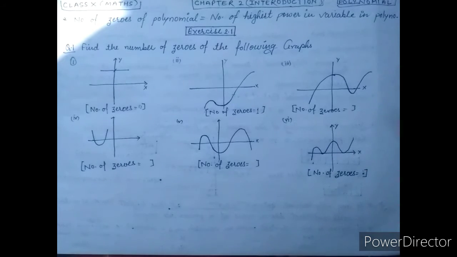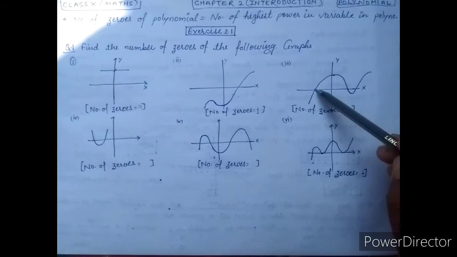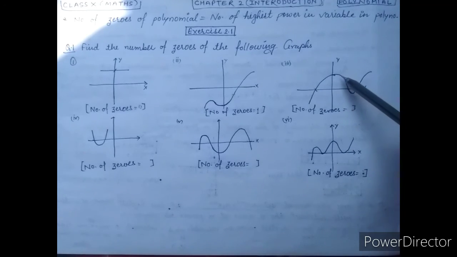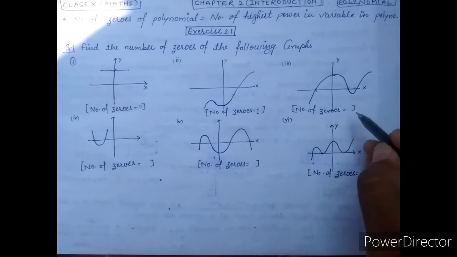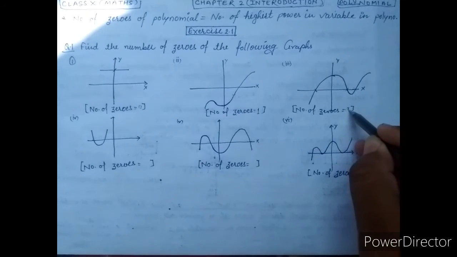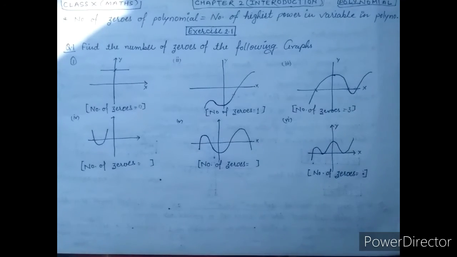Okay, and now the third one. Your graph starts from here, intersects the x-axis at this point, this point, this point. So this graph is intersecting the x-axis at 3 points, that's why the number of zeros will be how much? 3.